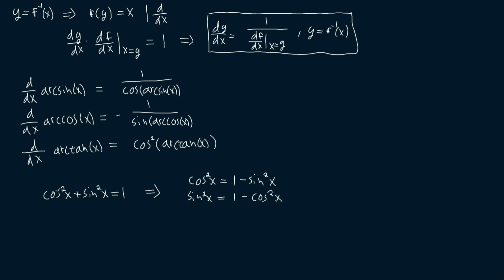And we can divide both sides of the equation by cosine squared of x to get that 1 plus sine squared of x divided by cosine squared of x is just tangent squared of x from the definition of the tangent. And this is equal to 1 over cosine squared of x.